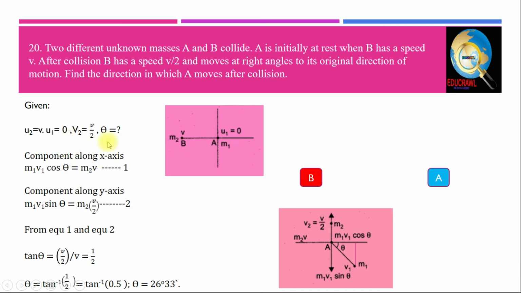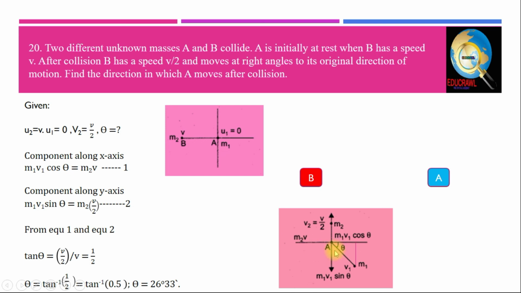Here we are using the law of conservation of momentum. The law states that momentum before collision will be equal to momentum after collision. To find this, we need the velocity of the object.